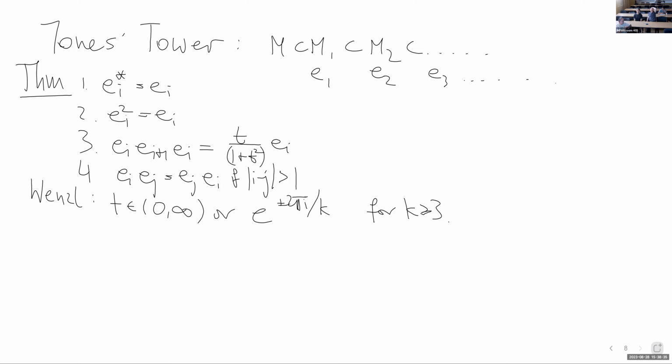And then Jones proved that in fact there is a unique finite dimensional algebra, A_N, containing those projections with trace.